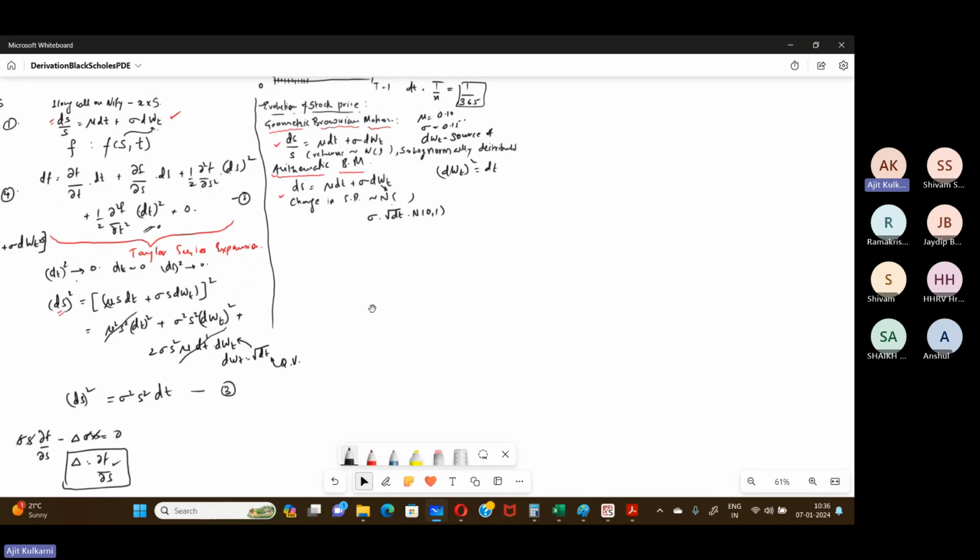So far, so good. We have seen 3 ways to price an option.